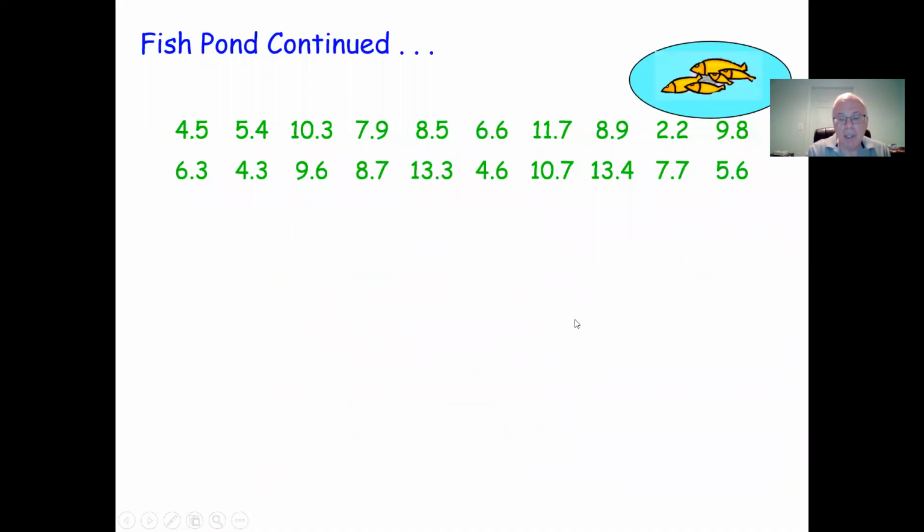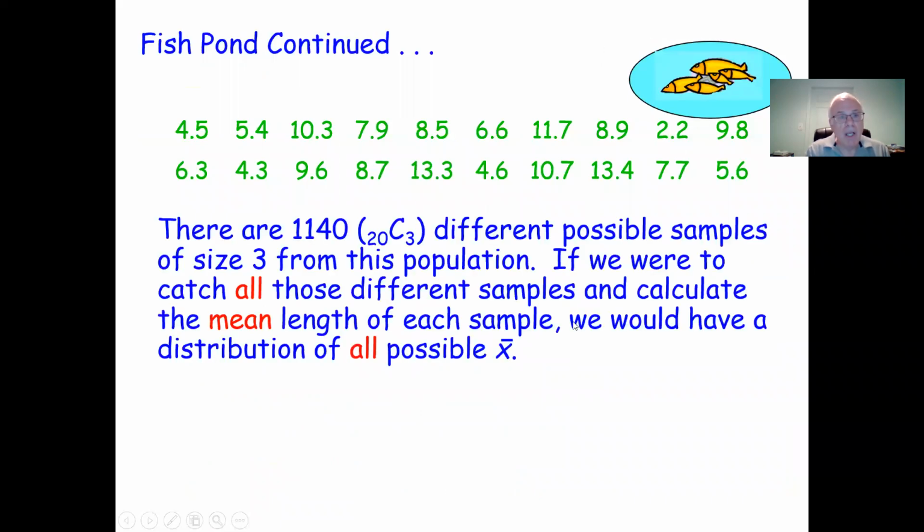Now, how many different samples can we have in this case? In other words, from the 20 fish, how many samples of size 3 can we get? Well, some of you might have studied this idea of combinations when you took high school mathematics.